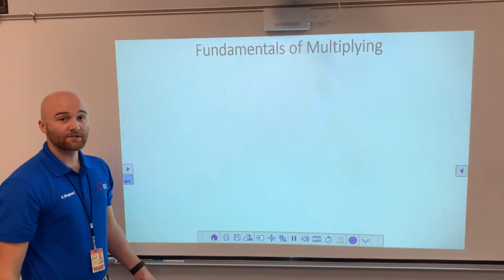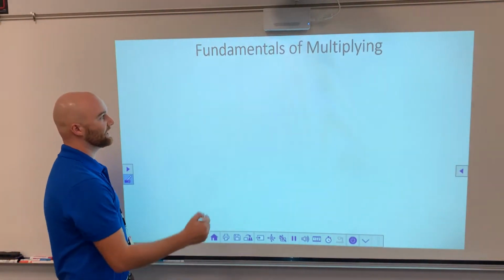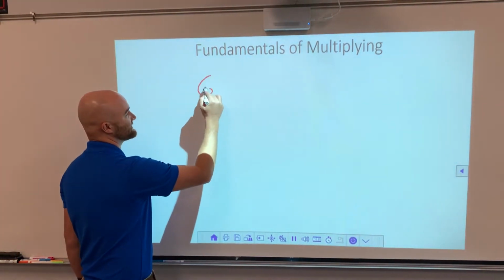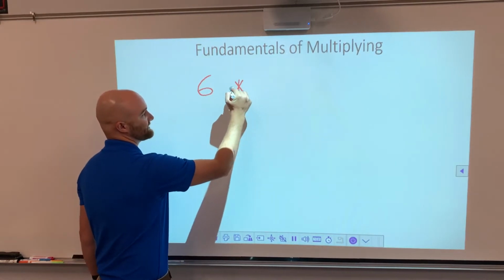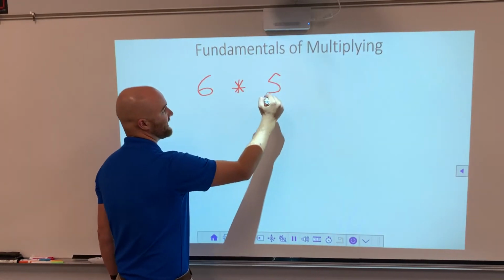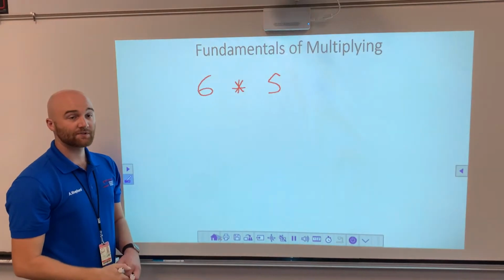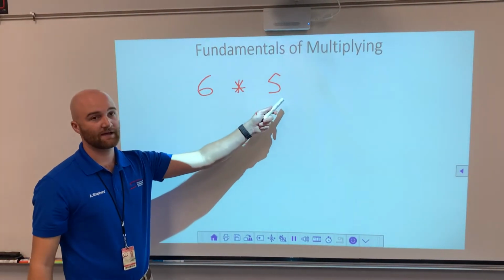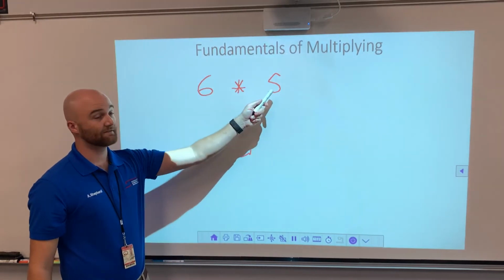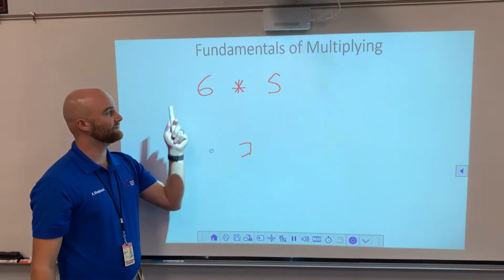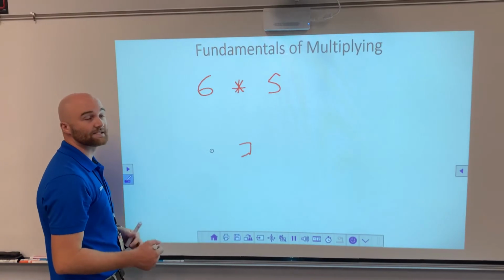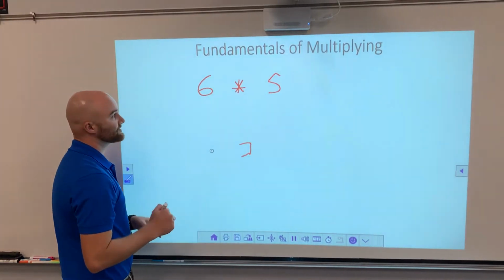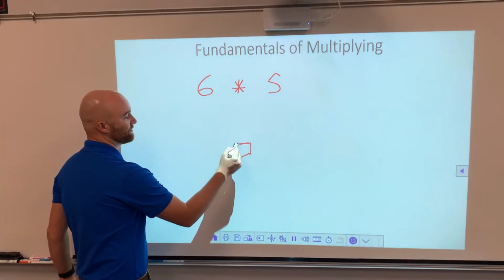So if I wanted to talk about multiplying, and I wanted to say I've got 6 times 5, this is really the same thing as saying I've got 6 sets of 5, or I've got 5 sets of 6. All I'm doing is I'm putting them into groups. So let's come up with some groups here.